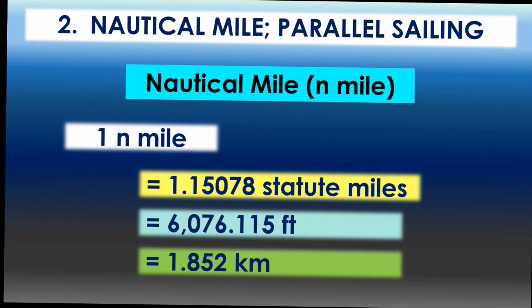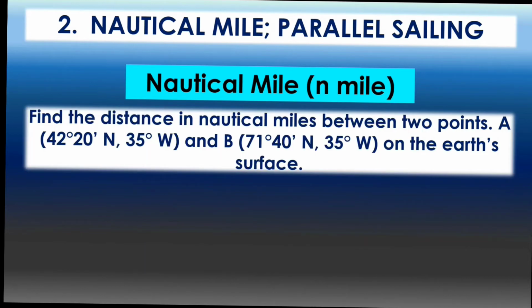Next. So we do have here a problem. Find the distance in nautical miles between 2 points. Point A has the coordinates 42 degrees 20 minutes north, 35 degrees west, and point B has coordinates 71 degrees 40 minutes north and 35 degrees west on the Earth's surface.